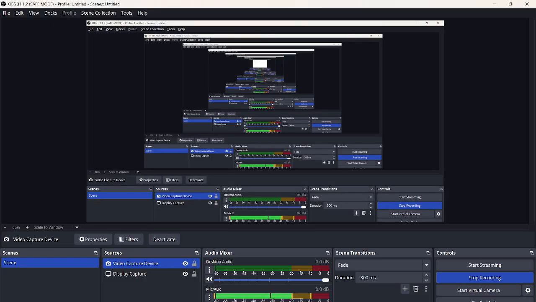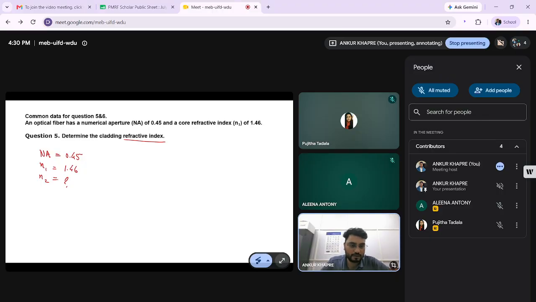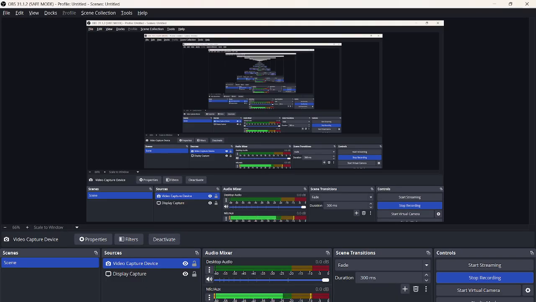Can you try this question and solve it? Very basic question, and you might be able to solve this quickly. You just need to remember the numerical aperture equation, and then you can solve it.